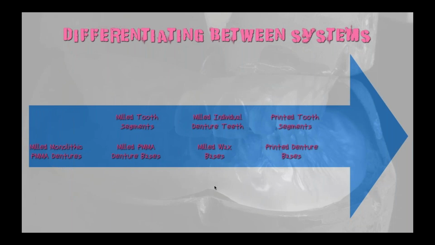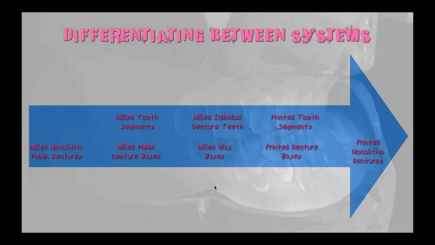Or then now, of course, we're playing with printing. Printing denture bases, printed tooth segments, bonded or even light cured together, which is definitely also a way to go, but still aesthetically not very pleasant. So we're still trying to make it aesthetically nicer.